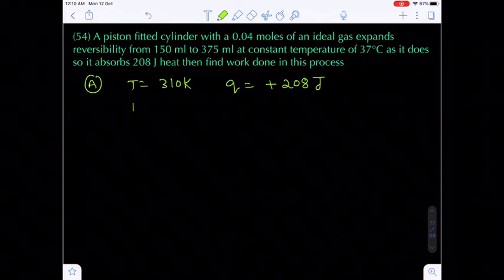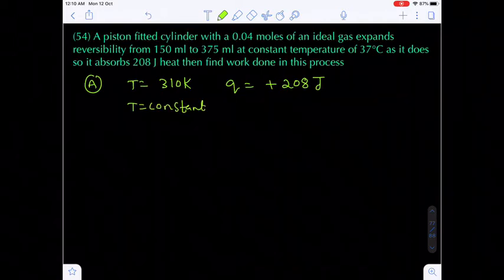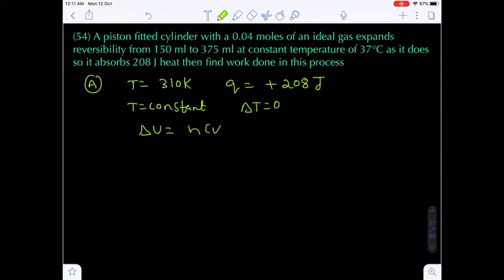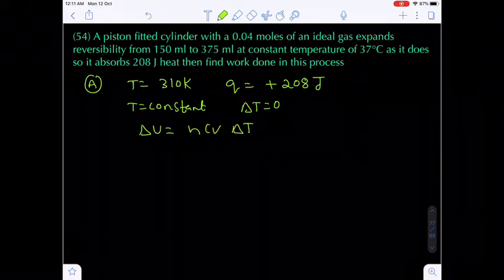Remember, temperature is constant, that means change in temperature will be 0. Do you know del U is equal to nCV del T. If the temperature change is 0, so delta U value is 0.